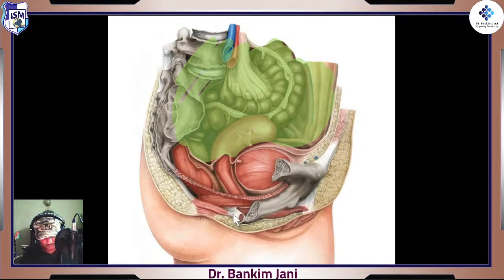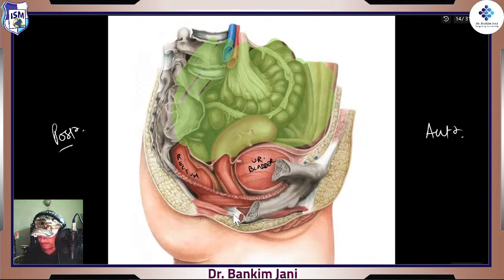This is the posterior portion, that is the coccyx. Just for reference, this is anterior and this one is posterior. This one is the rectum, so this is posterior. This is the urinary bladder. Just orient yourself properly.